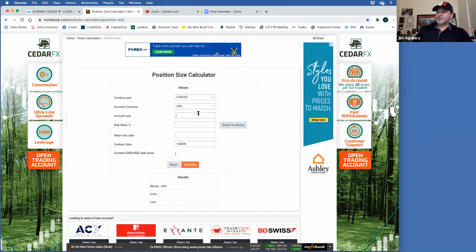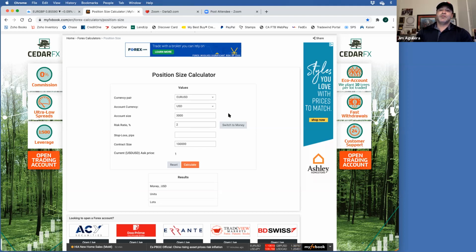And then account size. So for instance, if we have a $3,000 demo account, and it's still at 3,000, we would put 3,000 there. And then if we want to risk a certain percent, I like to risk 2% on pretty much every single Forex trade that I do. Different educators for different strategies that you may be following may use different percentages.